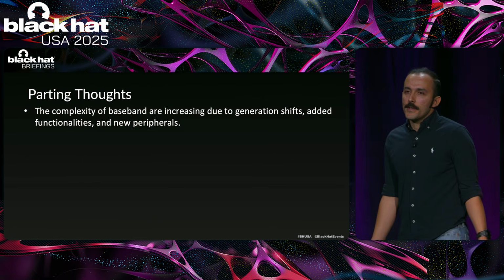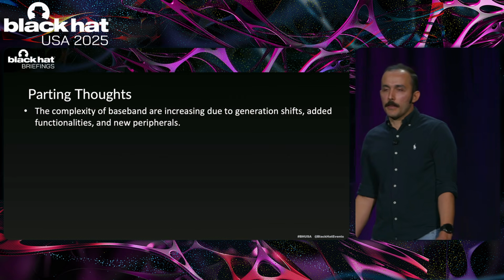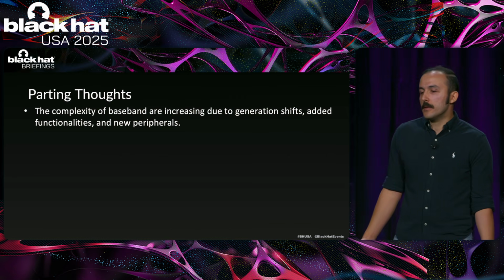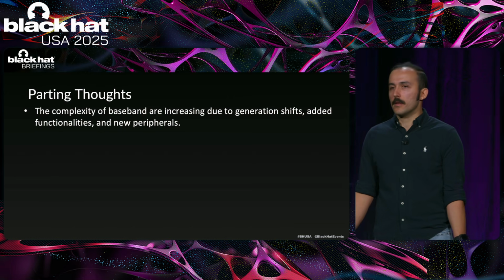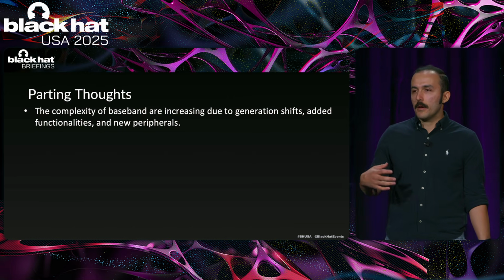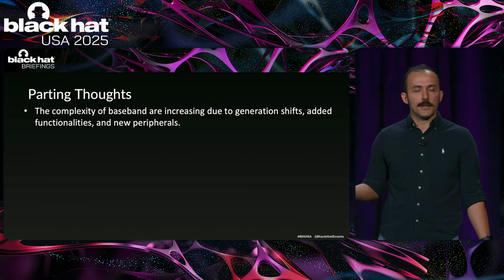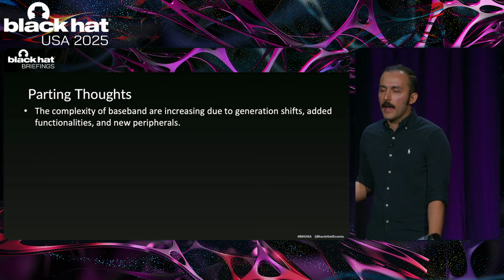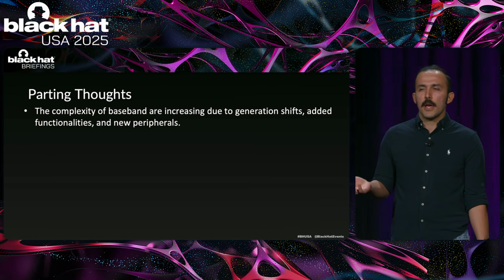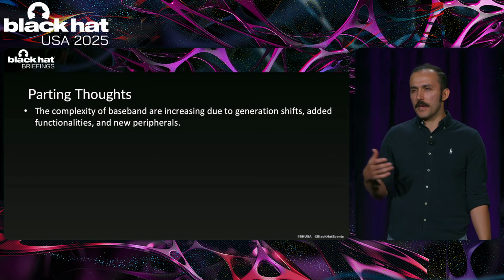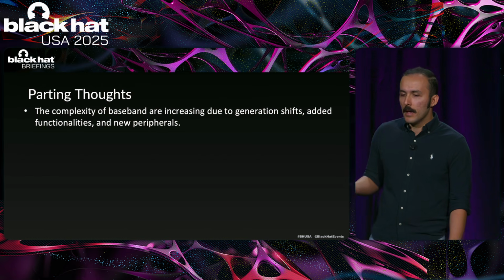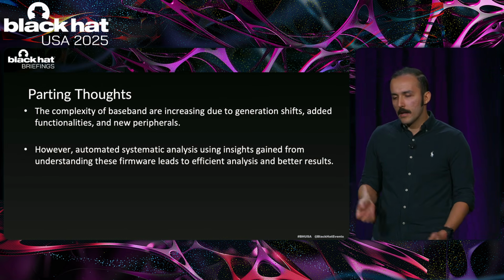For many reasons, basebands are getting more complicated every day. This is due to new generations of cellular protocols emerging, new functionalities added with firmware updates, and also new hardware introduced every year with a new phone model. But this doesn't mean we are helpless.